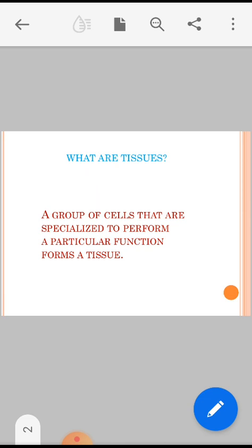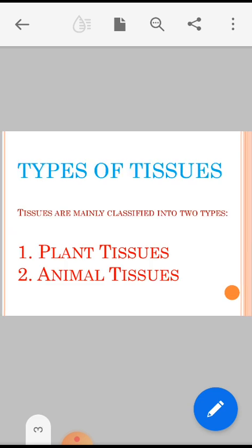Now these cells, when they group together in the form of clusters, are supposed to perform a particular function in the body. In order to make the body live, these cells work together. So when they work together, that group of cells is termed a tissue. These tissues perform particular functions in the body.